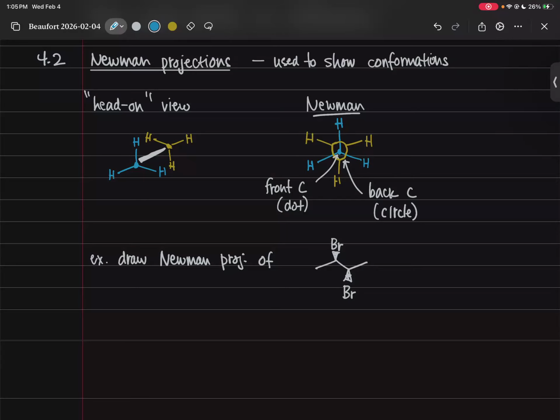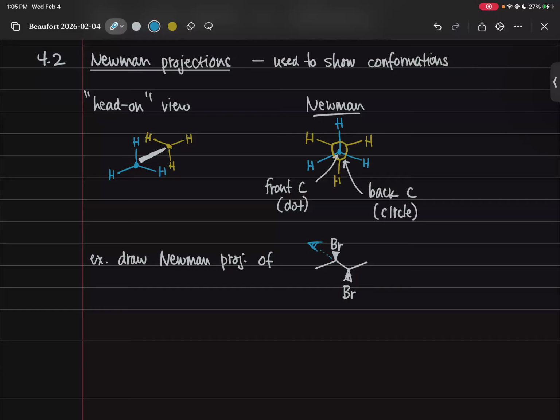In ethane, it was pretty easy. But in this case, I want to look down that bond like that. And so I'm going to draw a little eyeball, lashes and everything, looking down that bond. That means our Newman projection is going to be viewed from up here, looking that way.